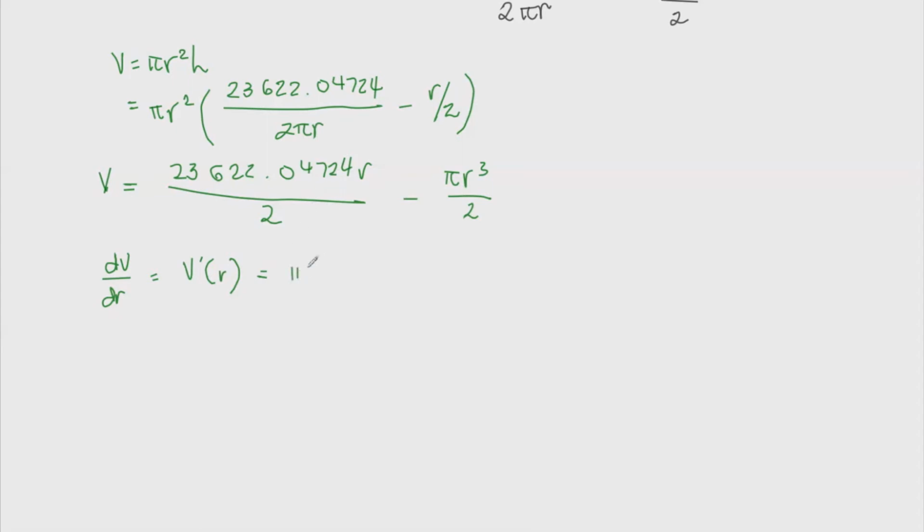So we have 11,811.02362, and the derivative of r is simply 1. So we're left with this constant, and then minus 3 halves pi r squared. Okay, so setting this equal to 0, we can obtain two values based on this r squared.